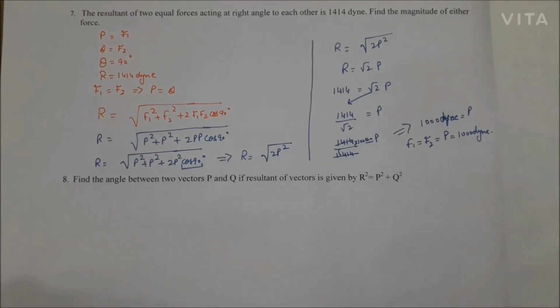Each force is 1000 dynes. When two 1000 dyne forces act at 90 degrees to each other, they give us the resultant equal to 1414 dynes. So let's move to our next question.